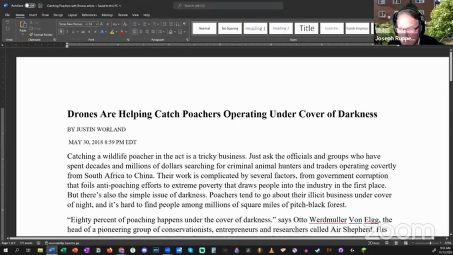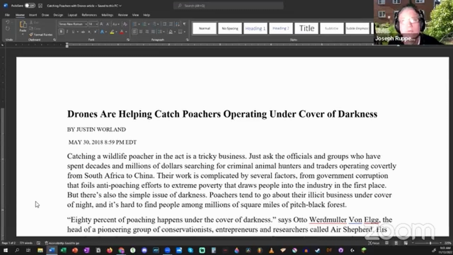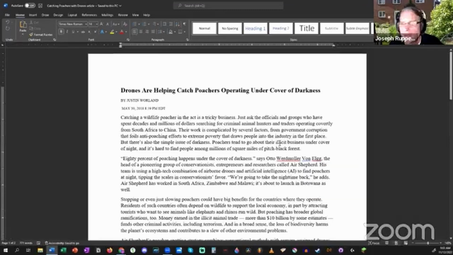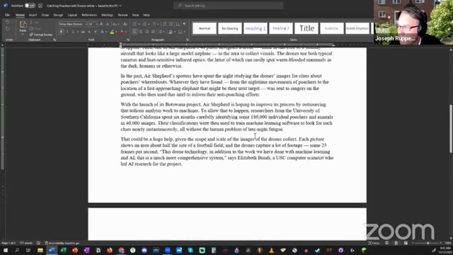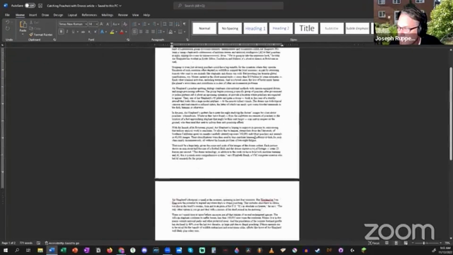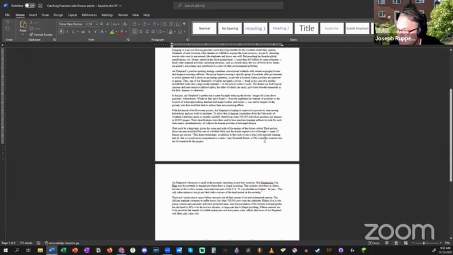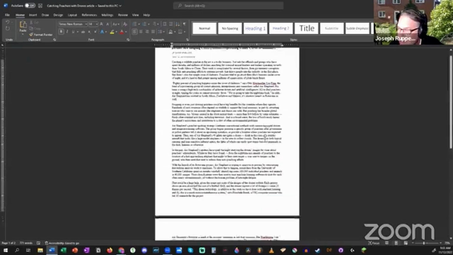Okay, so this is our article today. Now I picked an article that's quite a bit shorter this week. I know the last couple of articles are pretty long. This one is basically one page. So in one hour we can go through pretty much all of this article, which is kind of nice.